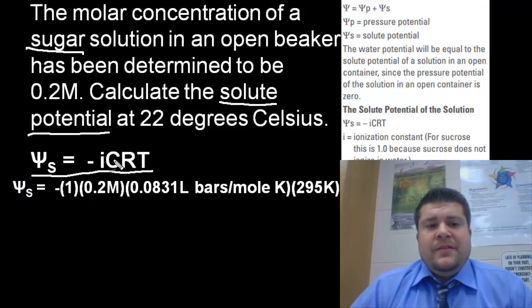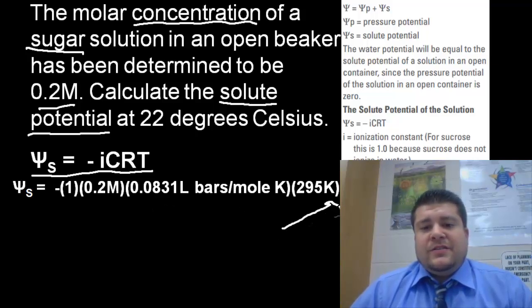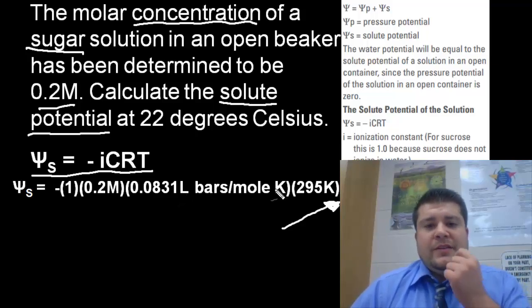Now, for C, we need to find the concentration. Well, it says that our concentration of sugar has been determined. And so that is 0.2 molar. So that one was pretty easy. Then R. How do we find R? Well, R is a constant, so we can just look at our cheat sheet and figure out that it is 0.0831 liters bars per mole kelvin.